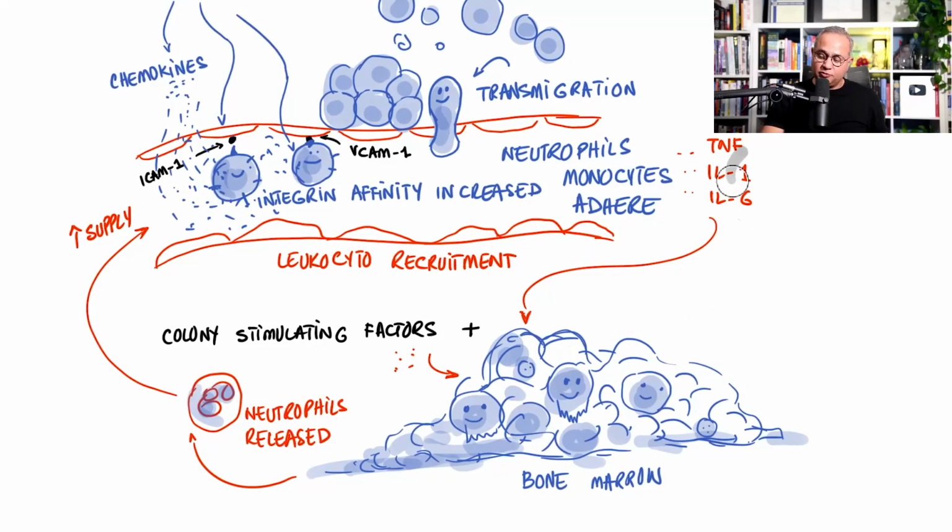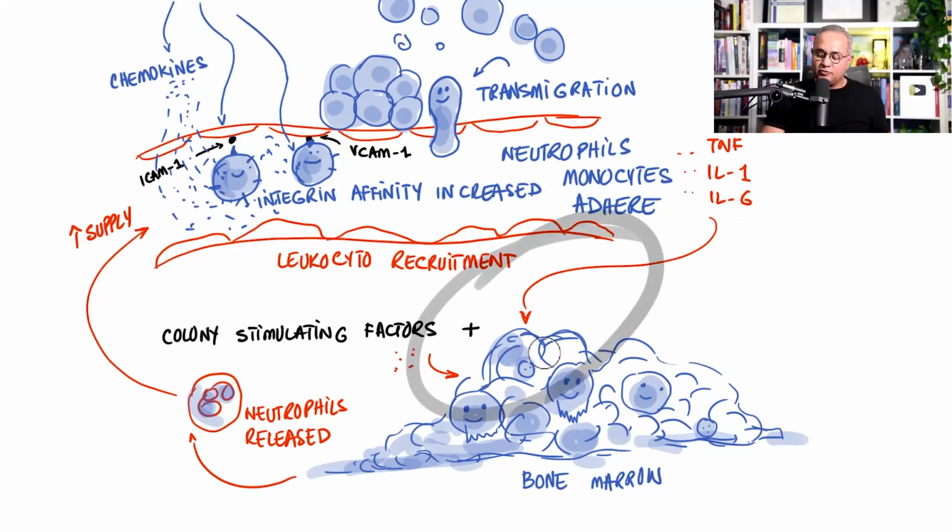At the same time, the tumor necrosis factor, interleukin-1, and interleukin-6, when these molecules are released, they go to the bone marrow, also in the presence of the colony-stimulating factors. The colony-stimulating factors are also molecules released from the inflamed area.